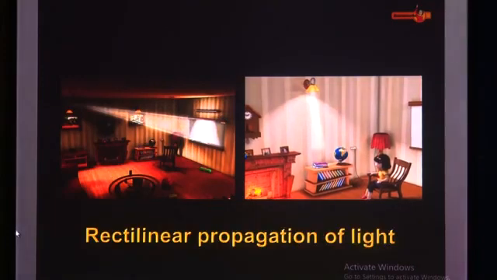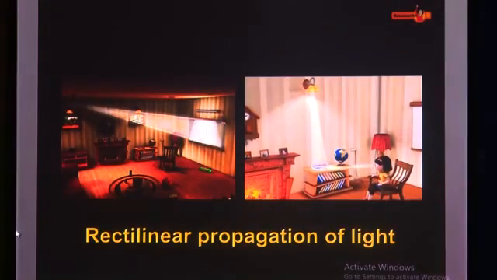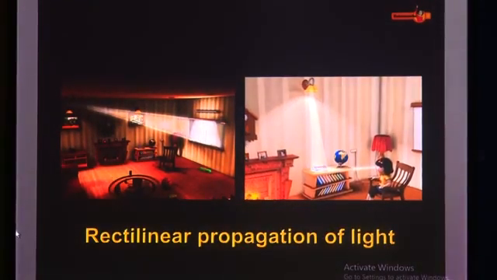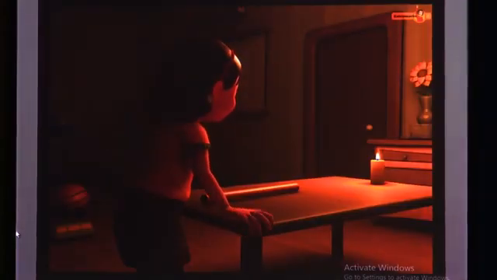Let us understand rectilinear propagation of light through activities. Place a lighted candle on the table. Look at it through a rubber tube of about 30 cm in length. What do you observe?